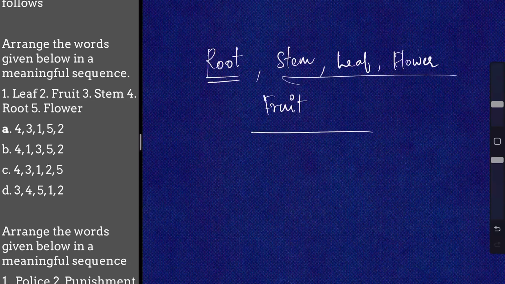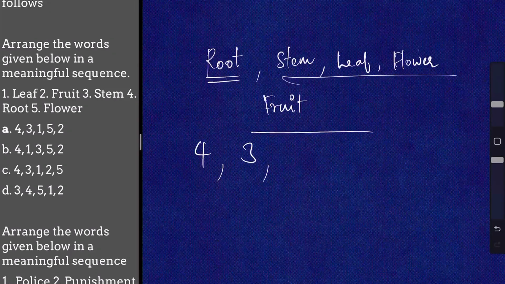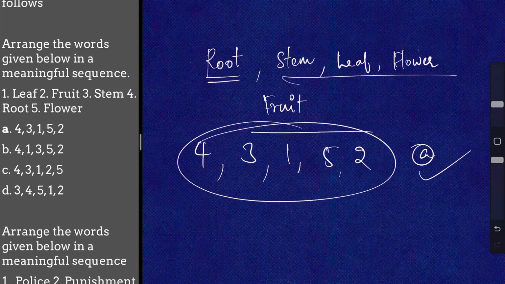So this would be the order. So root is number 4, then we have stem, which is number 3, then we have leaf, which is 1, and flower, which is 5, and finally fruit. So 4, 3, 1, 5, 2, option A would be the right answer.